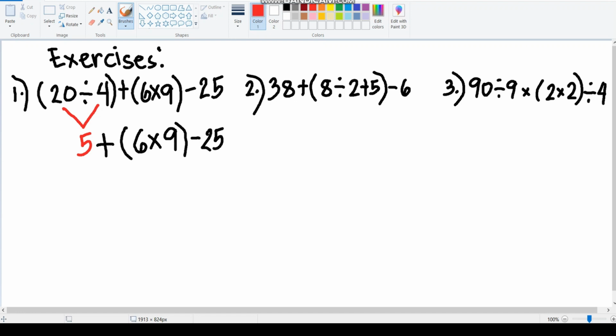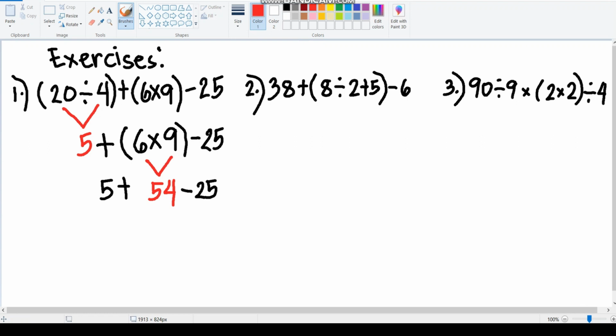Now the remaining parenthesis is the 6 times 9. So 6 times 9, that will be 54. Now what will happen to the rest? Just copy. Now next, we are left with the operation addition and subtraction.